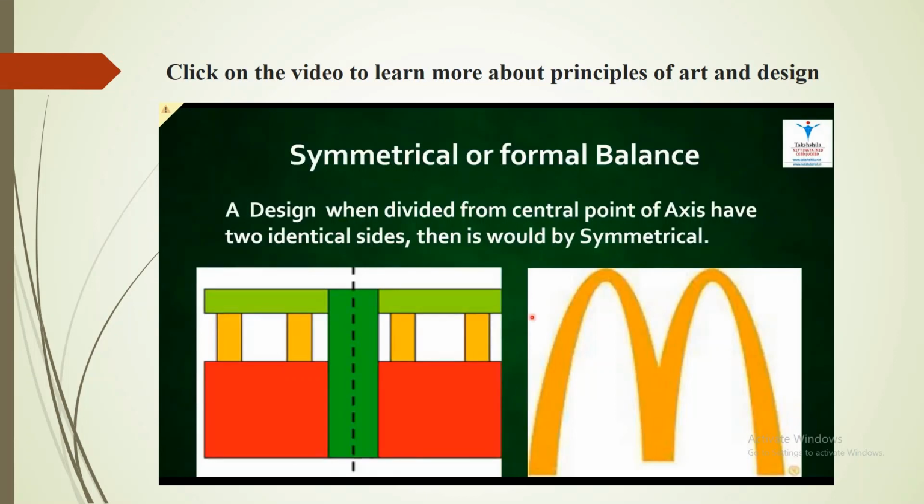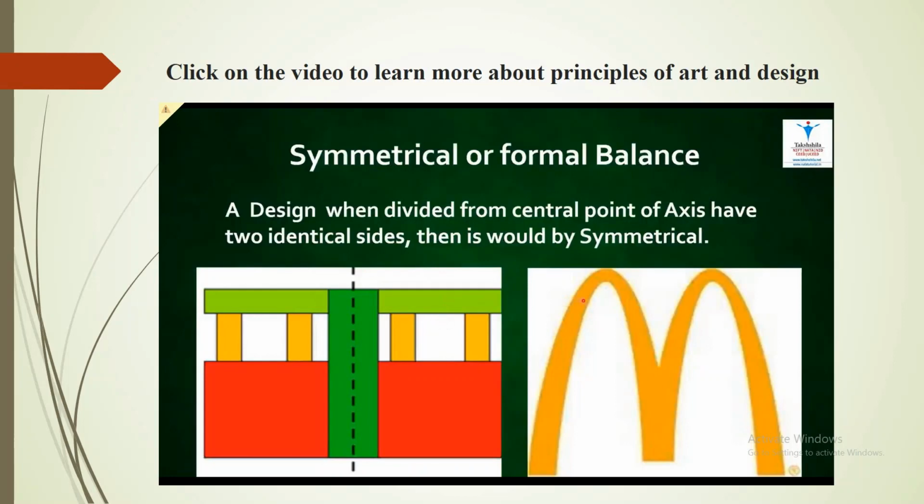If we can divide the composition from the central axis into 2 identical sides, then we can say that it has a symmetrical balance. In this picture, you can see that when we divide the picture from the middle, it has 2 identical sides. So this picture has symmetrical balance.